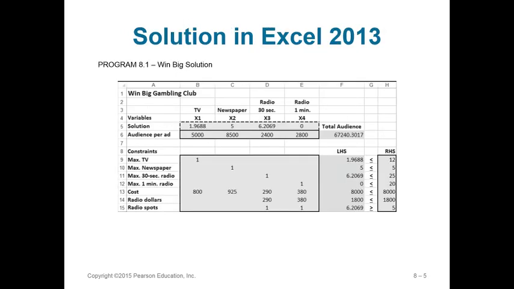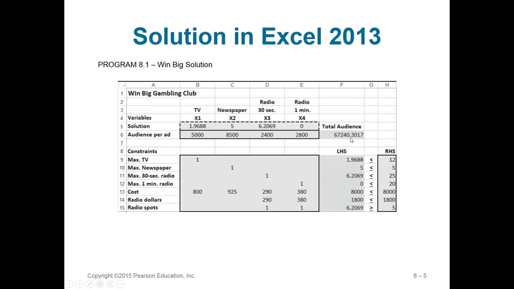So if you put all of these into Excel Solver, and then highlight, if you've looked at my video about how to highlight and create those constraints within Excel, then this sheet right here helps you to understand, once you've powered through Excel Solver and highlighted the data and the constraints in there, then what you come out is this solution right here, where your maximization of audience is a little over 67,000 people being reached.